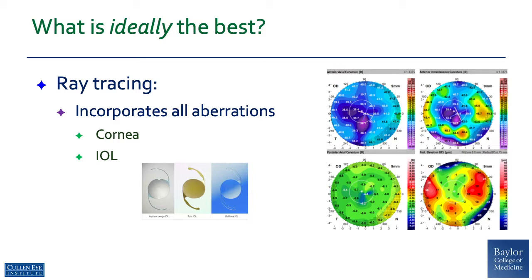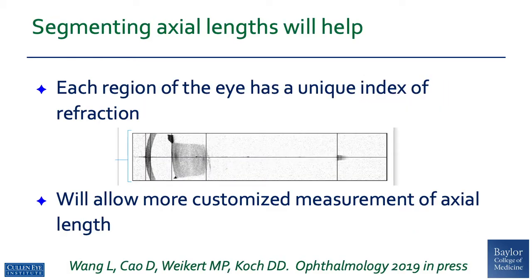Ideally, ray tracing, you would think, would be the best because it incorporates all the aberrations, either of the cornea or of the implanted IOL. We think that one element of this is to look at the axial length in a segmented way, because each region of the eye has a unique index of refraction.